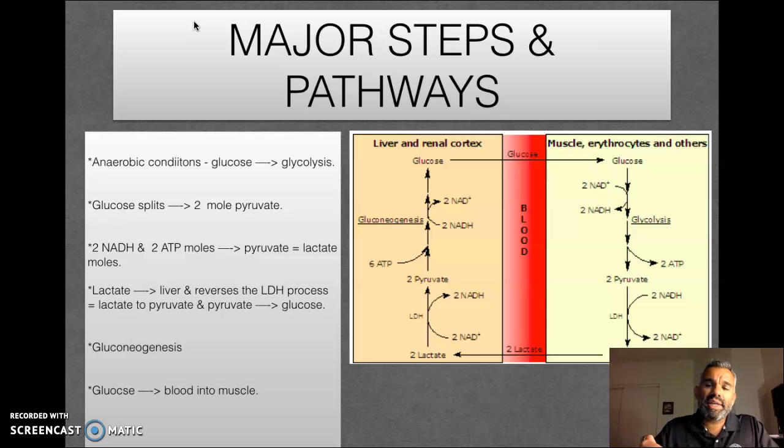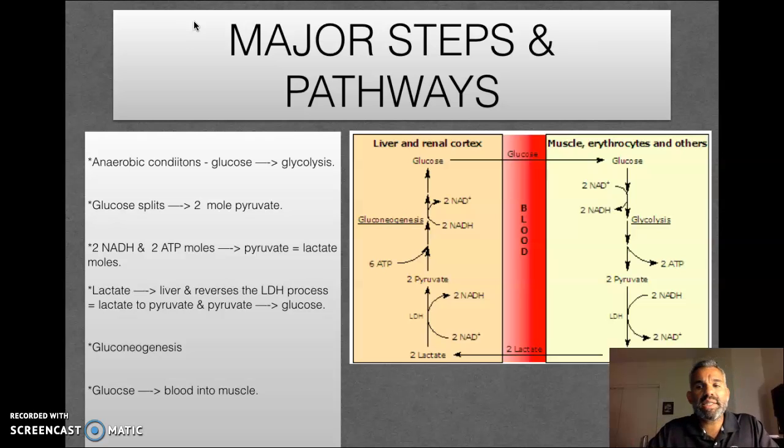Between the pyruvate and lactate conversion, it's important to note that there is a step or a bridge that comes via the LDH enzyme, or the lactate dehydrogenase enzyme, which is a middle step in between pyruvate and the actual conversion of lactate.